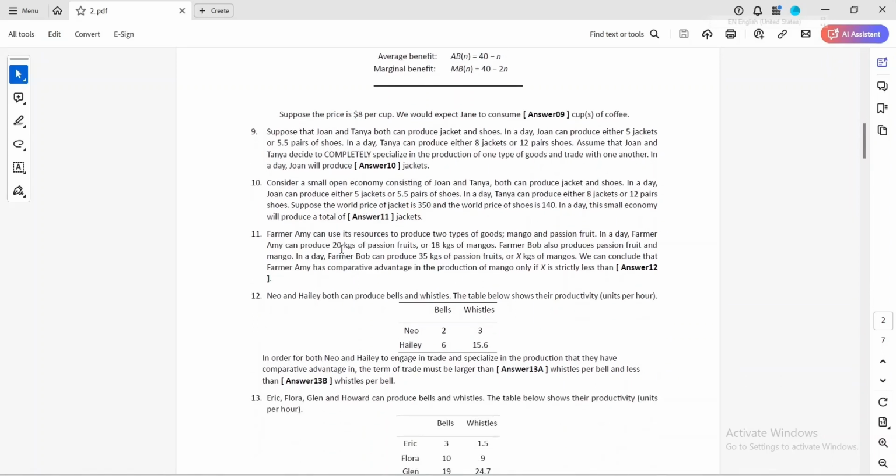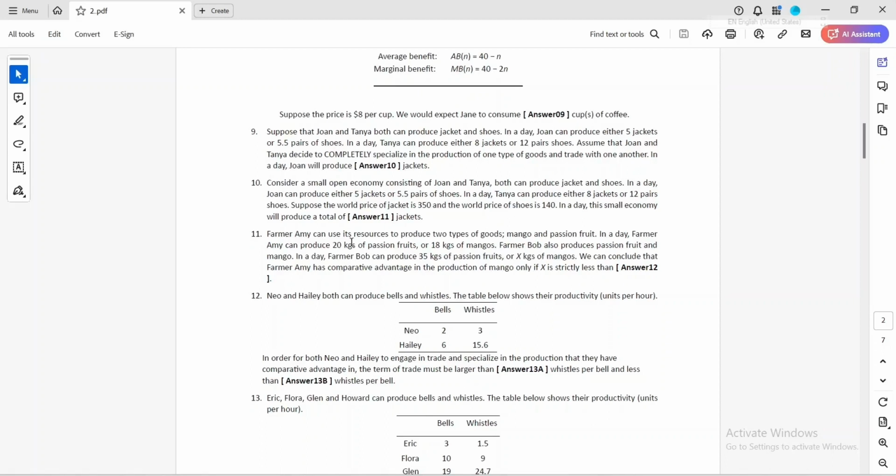Let's move on to the next question. Consider a small open economy consisting of John and Tanya. Both can produce jacket and shoes. Suppose the world price of jacket is 350 and the world price of shoes is 140. So in a day, this small economy will produce a total of.